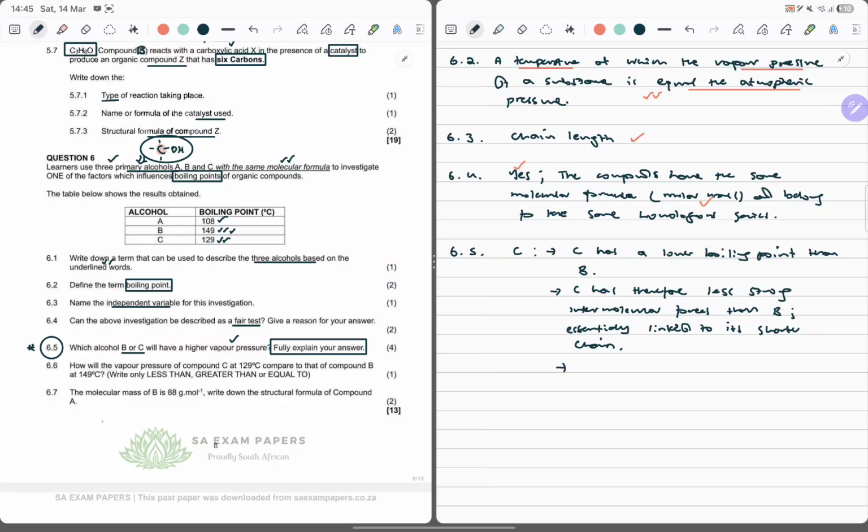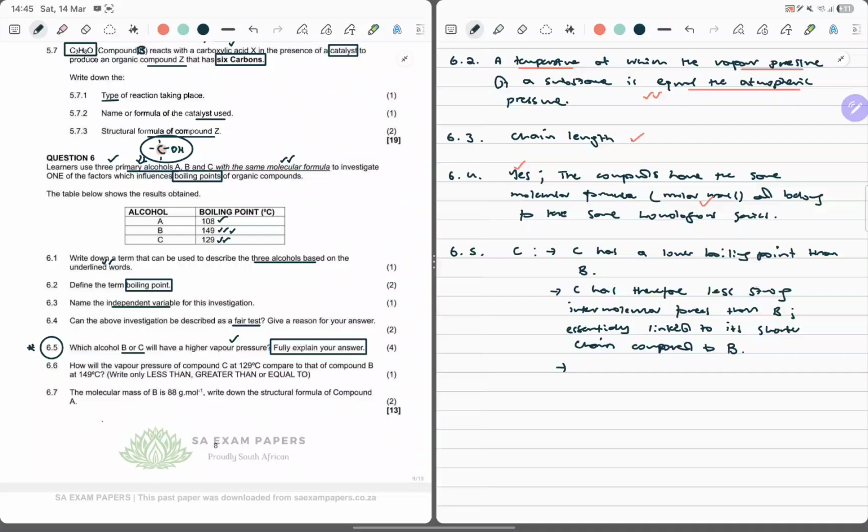C has therefore less strong intermolecular forces than B, essentially linked to its shorter chain. Do you see? I'm putting everything on the line compared to B. You see, you are comparing here. B would have a longer and of course stronger molecular forces linked to its longer chain.